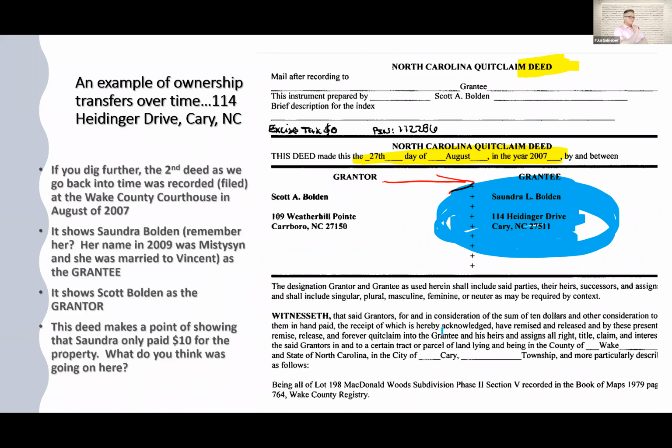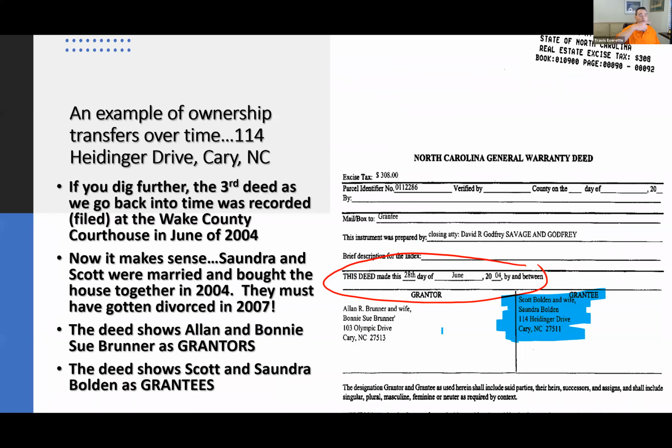Does that make sense for everybody? Yes, sir. And if we go even one more back, we know that she was married to Scott, the person that she got ownership from previous to that. Is everybody with me on that? And that she and Scott actually bought the house together as a married couple.